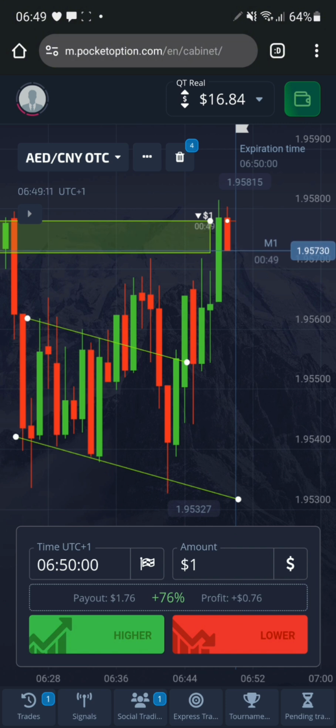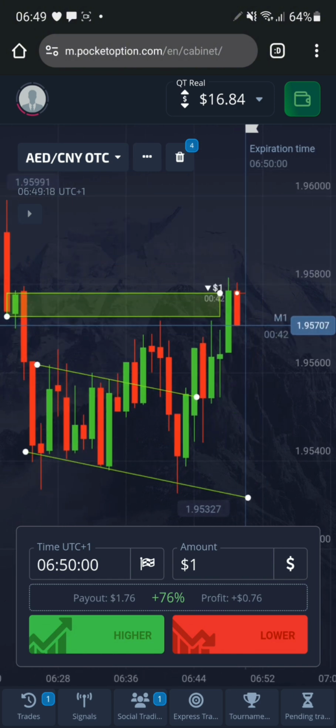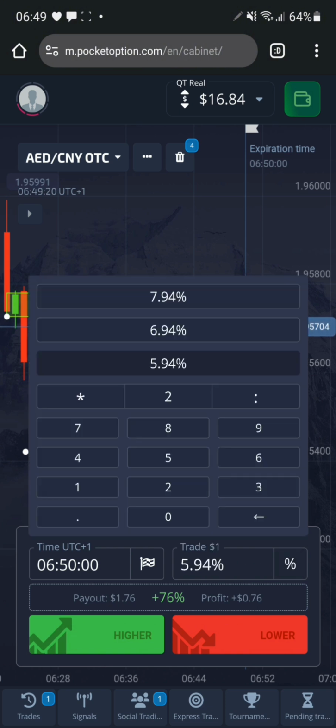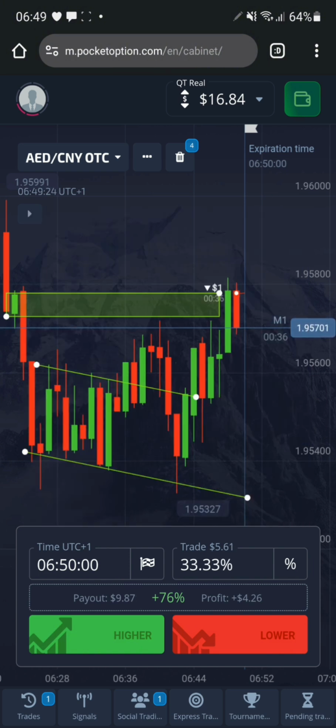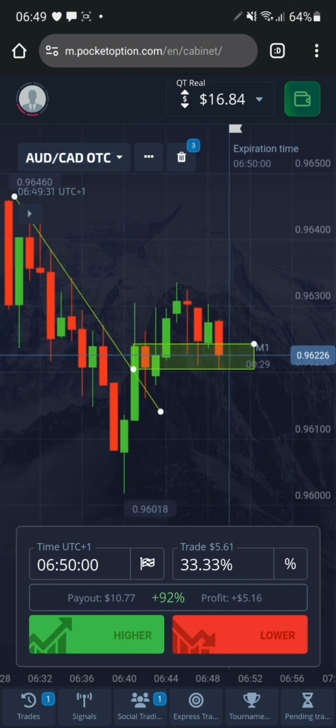So it's just for the fun of it, but I wouldn't risk a big amount for this kind of trade, because like I always say, trading is a risk. So if you are going to take a risk, you are probably better at taking very good trades with your risk amount.